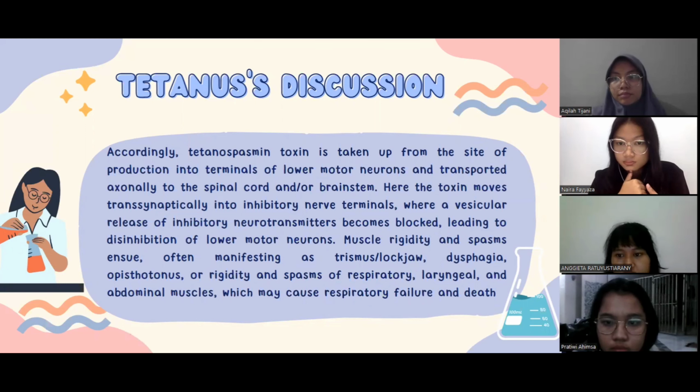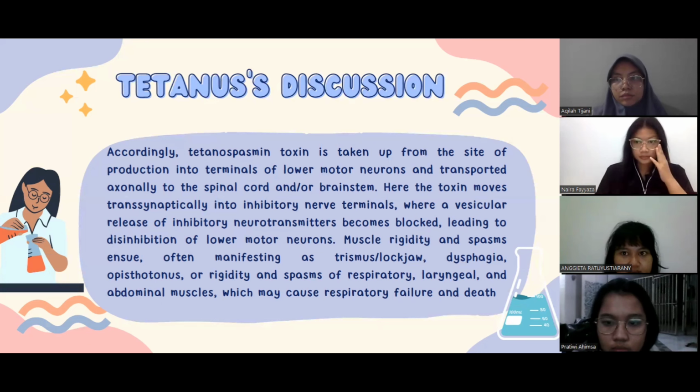Muscle rigidity and spasms ensue, often manifesting as trismus or lockjaw, dysphagia, opisthotonus, or rigidity and spasm of respiratory, laryngeal, and abdominal muscles, which may cause respiratory failure and death.